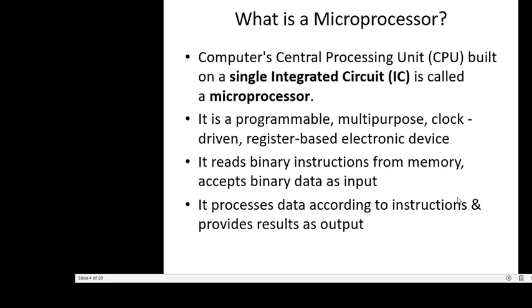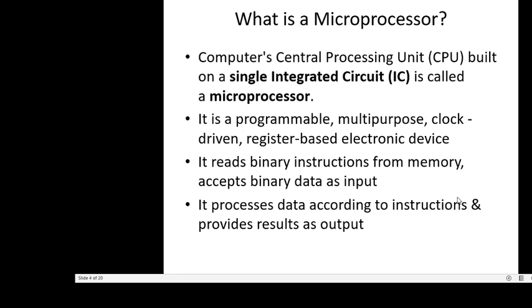What is a microprocessor? It is a computer's CPU, the central processing unit, built on a single integrated circuit, that is called the IC. That IC is nothing but the microprocessor. It is a programmable multi-purpose device having its own clock and its own registers.